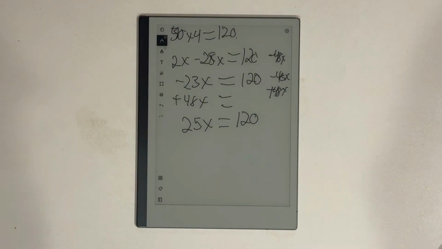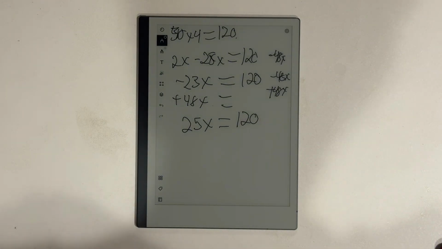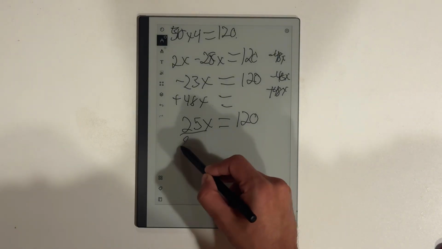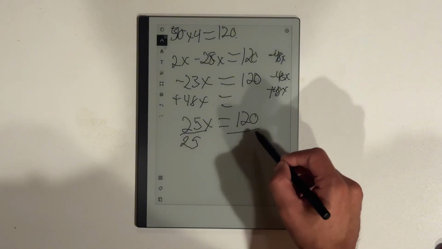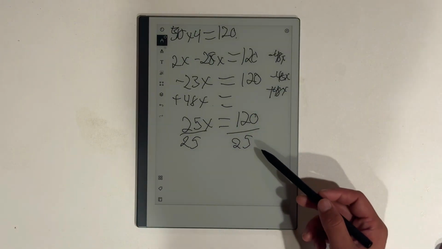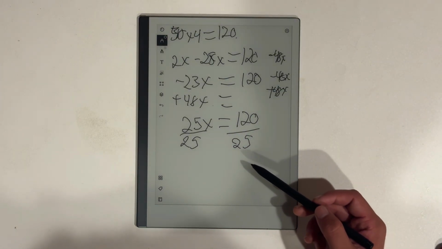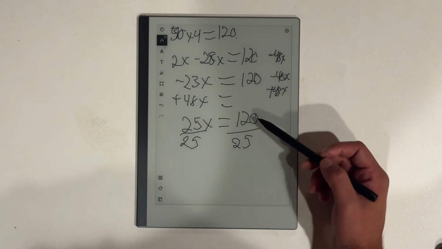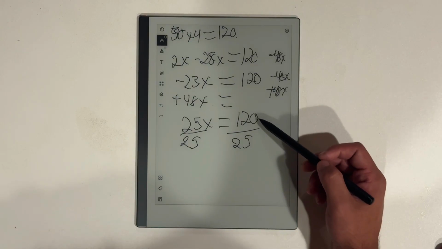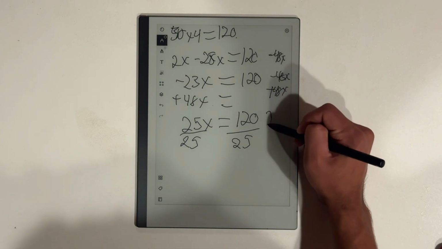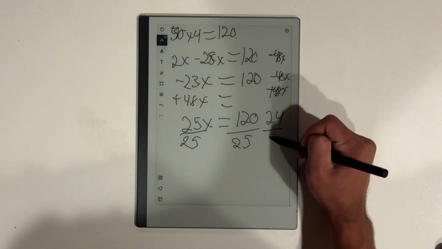So now after you get that, you're going to divide 120 by 25, divide by 25, divide by 25. So now you get this. Now you're going to want to divide these by 5, so you're going to have 24 over 5.